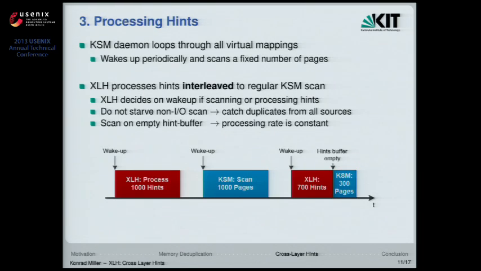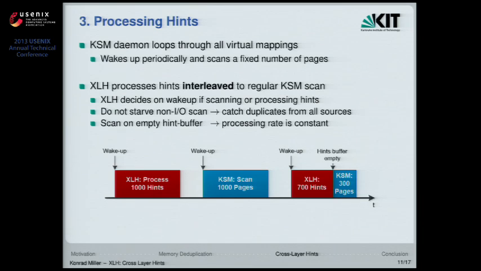The third building block of this system is the processing part, and KSM already provides us with all of the mechanisms that we need to implement this. KSM already wakes up at certain intervals and processes a certain fixed number of pages, indexes them, merges and so on. We decided to interleave the hint processing with the regular linear scan process.